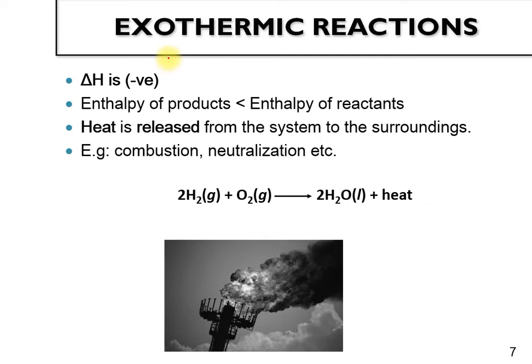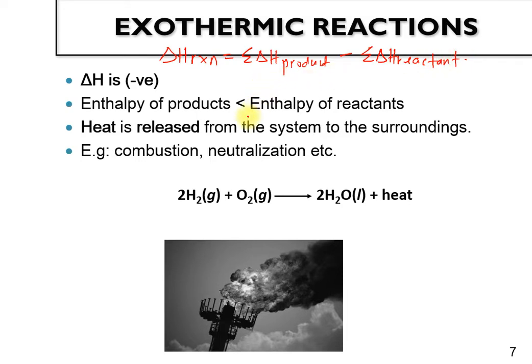It comes from the formula: enthalpy of reaction equals the sum of enthalpy of products minus the sum of enthalpy of reactants.